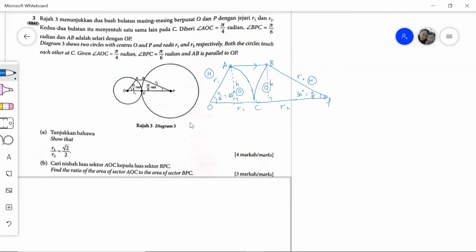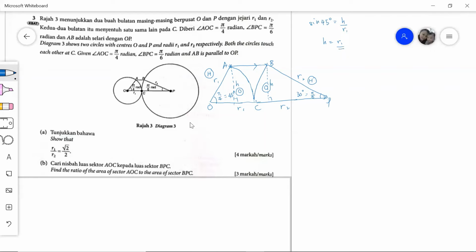So in this case, we use the sine function. Sine 45 degrees is equivalent to the opposite, which is H over R1. So H will be equivalent to R1 times sine 45, and sine 45 is 1 over root 2.